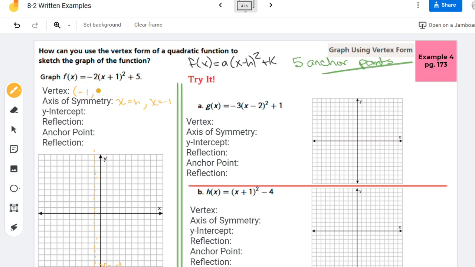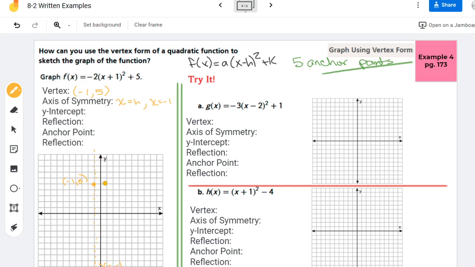That means that it has that same value for my h. And then my k value tells me how much up or down it is on that axis. So in this case, because my k value is 5, my vertex is at the point -1, 5.